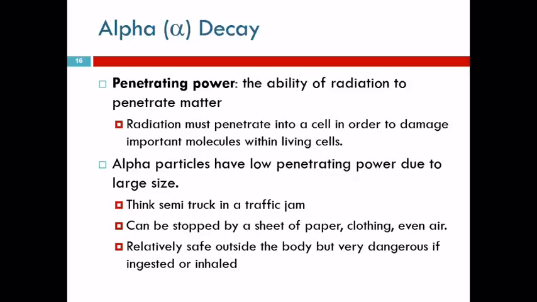It can't get through because of its large size. It can be stopped by something as simple as a sheet of paper, by a t-shirt, even a layer of air is enough to stop it. Once it gets in, though, it's really, really dangerous. So if you inhale or ingest alpha particles, now they're inside you and they're going to be more dangerous.